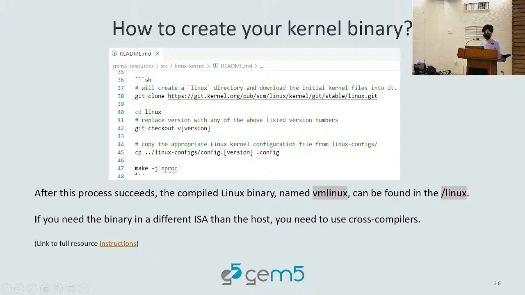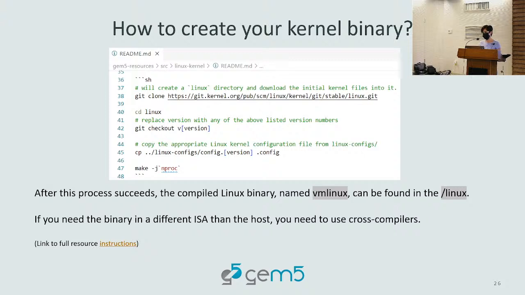By running make -j with the number of threads that you want to allocate, it's going to start compiling, and at the end, a compiled kernel binary, which is vmlinux, is going to be put in a directory called linux.